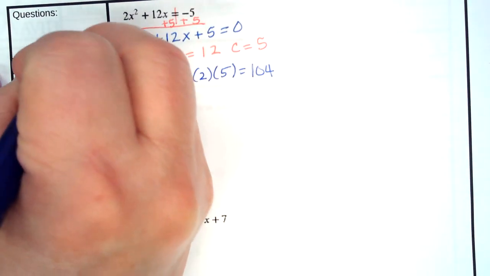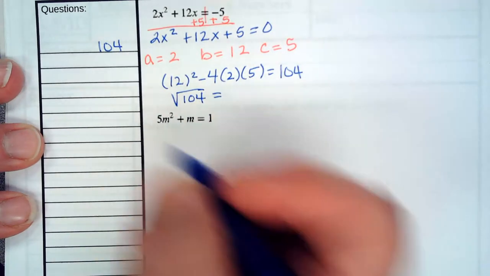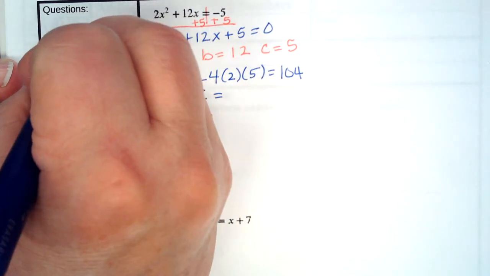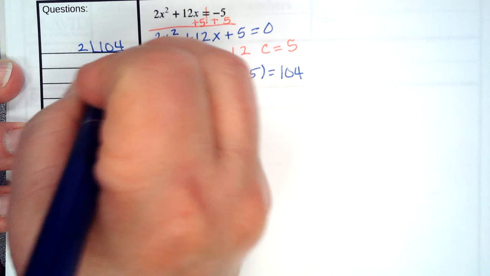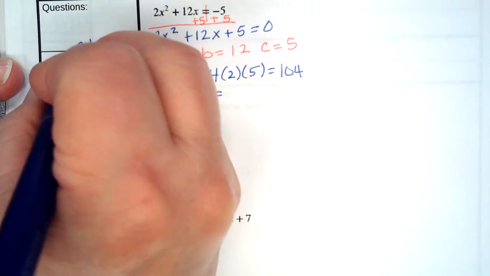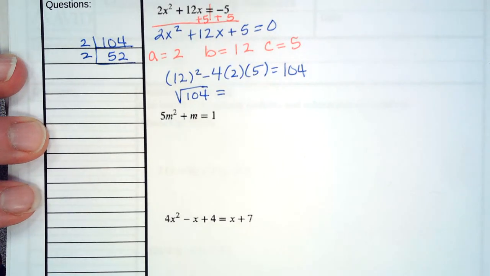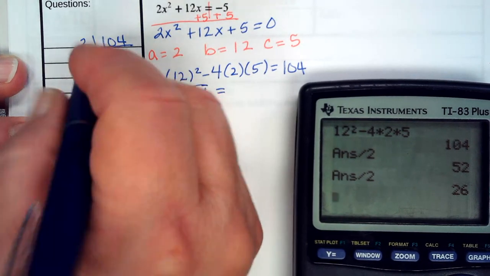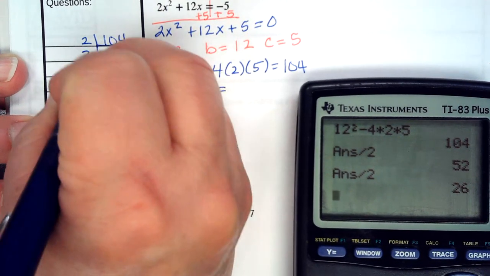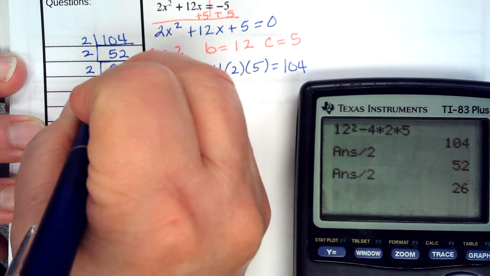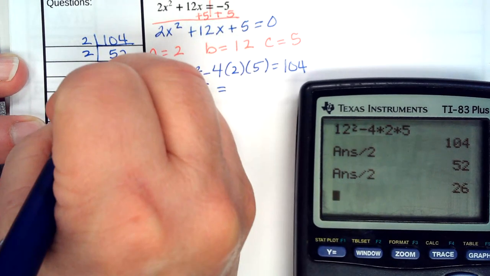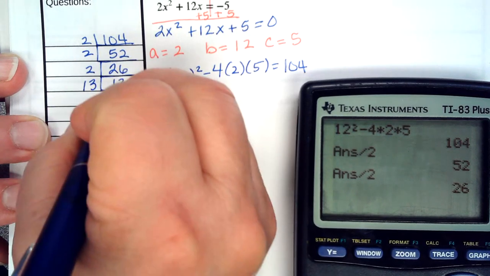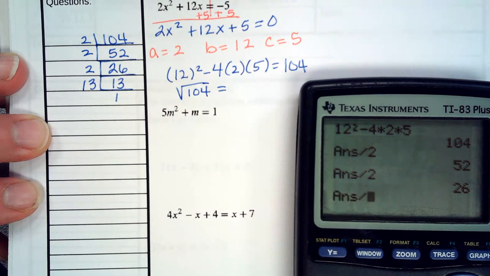Okay, so 104 is divisible by 2, so I divide by 2, I get 52. 52 is divisible by 2. Now, just to make sure my math is correct, okay, I get 26. 26 is divisible by 2, I get 13. 13 is prime, so I get 13 and 1.